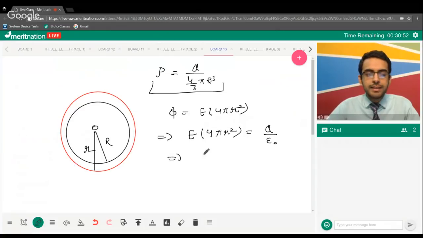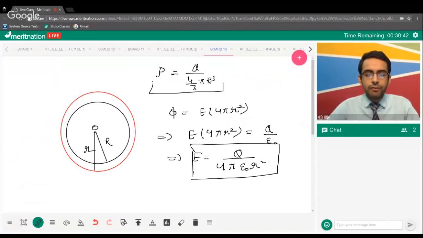So this implies E is equal to Q over 4 pi epsilon 0 r square. So from here also you can understand that for a point lying outside this solid sphere, the solid sphere is actually behaving as a point charge.